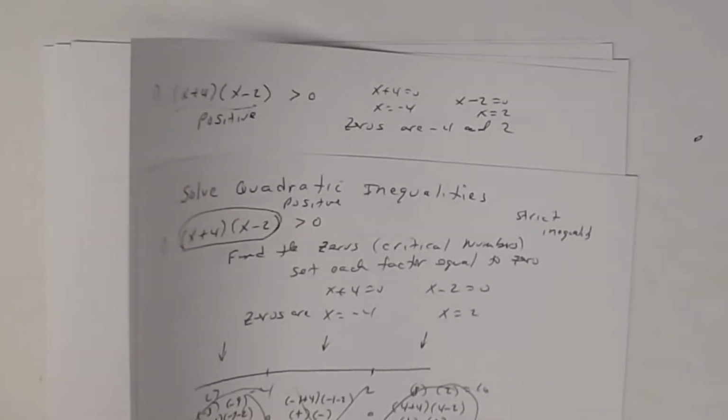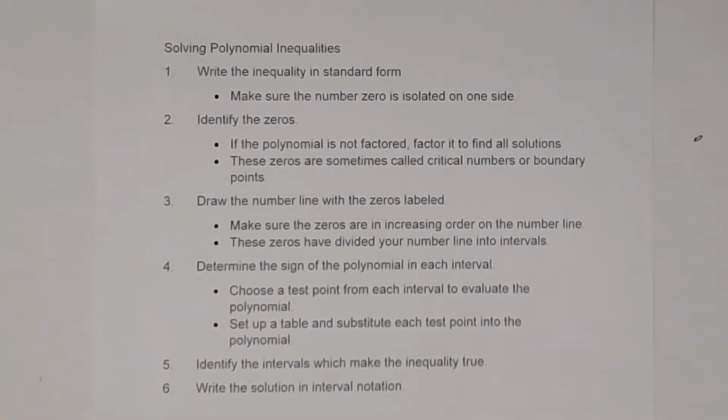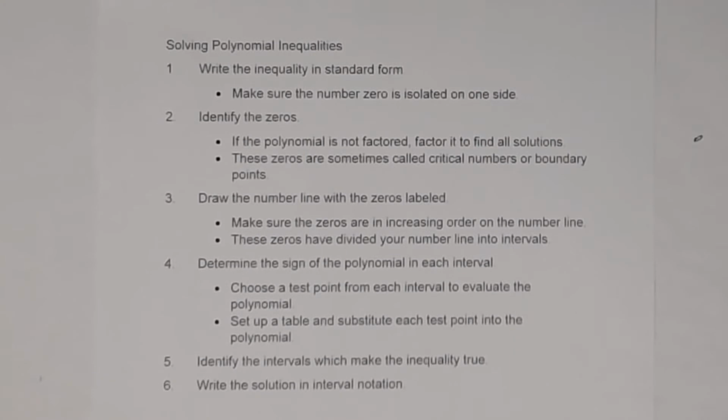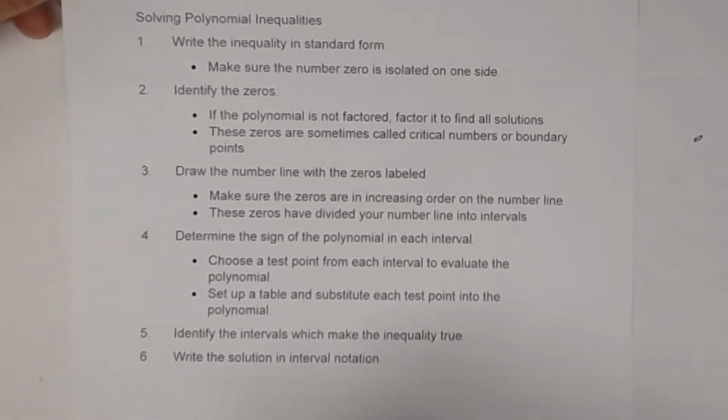Remember the steps we used were these. We're going to look at number 2 and use those steps, and you're going to see that it is a fairly simple process to solve a quadratic inequality.